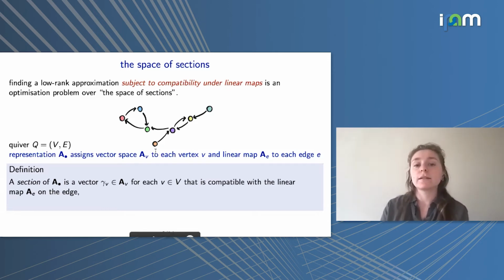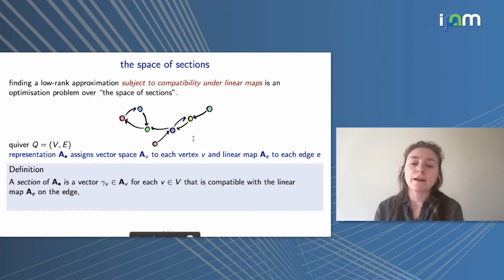So a vector in each vertex of the quiver, but not just any assignment of vectors. We want one that's compatible with all the linear maps on all of the edges.